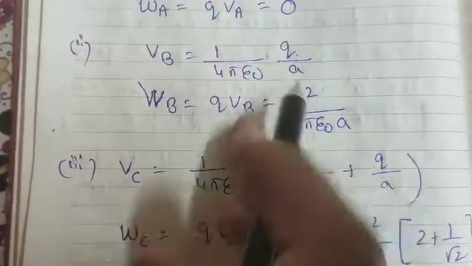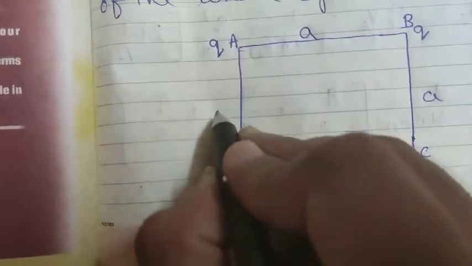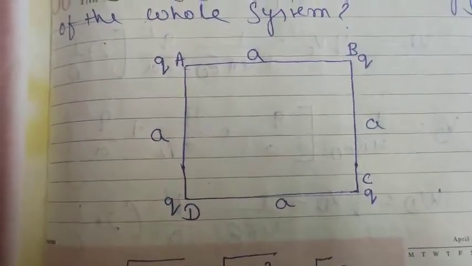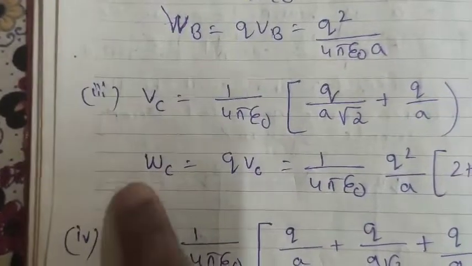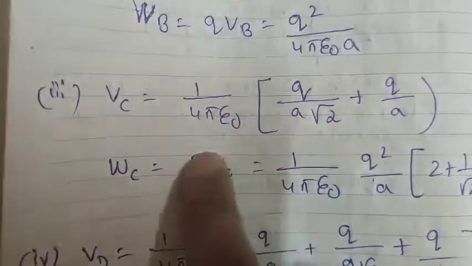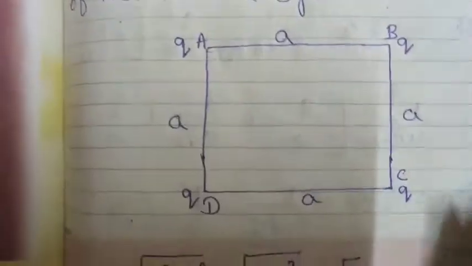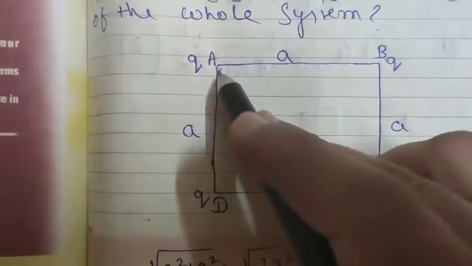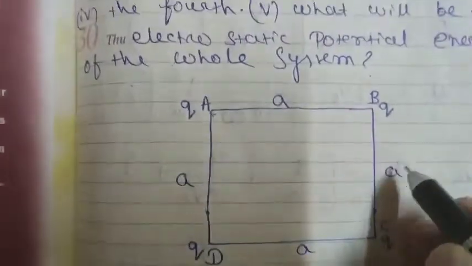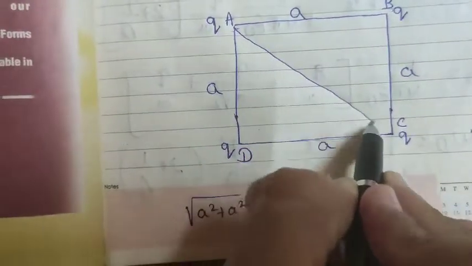Now the distance is A here, right? All the sides have a distance of A. So let us now find out VC. VC is the same, 1 by 4 pi epsilon naught Q by, there will be two terms, because when you bring the charge to C there will already be two charges present, one at A, one at B. So one distance is A, another distance is the diagonal distance.